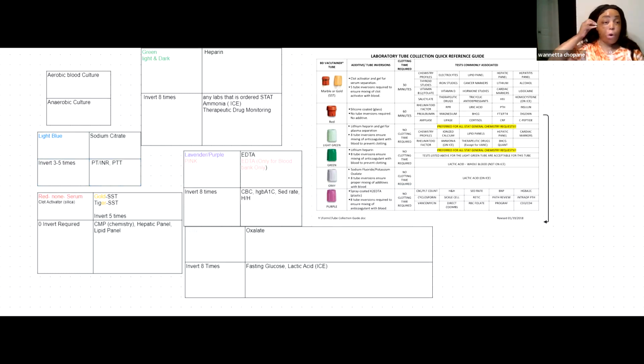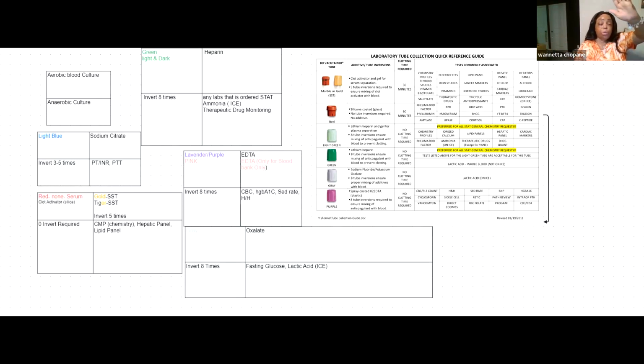So for example, if you're making your notes, whether you're going to use note cards or whatever you want to do that can help you to remember, then you have a separate note card, or you have your spot on your note sheet where you did your blood cultures, aerobic, anaerobic, and then next underneath there, if you want to color code your notes, you can write in blue, but however you want to do it.